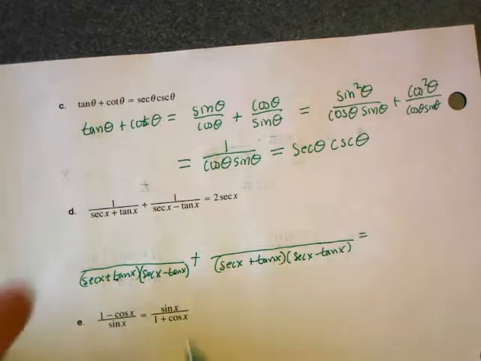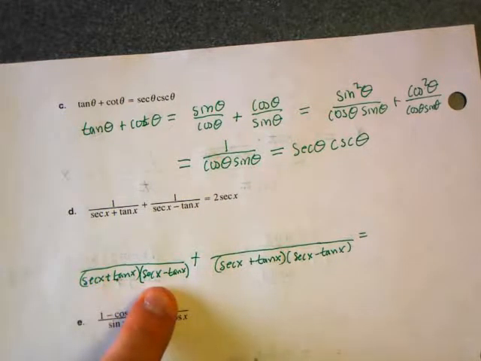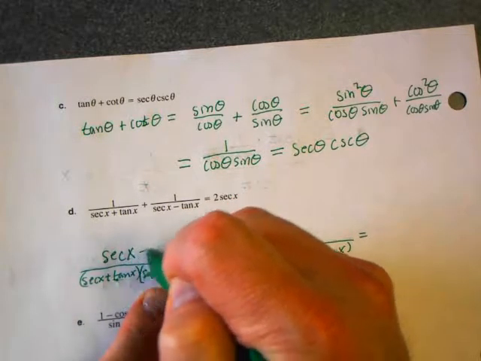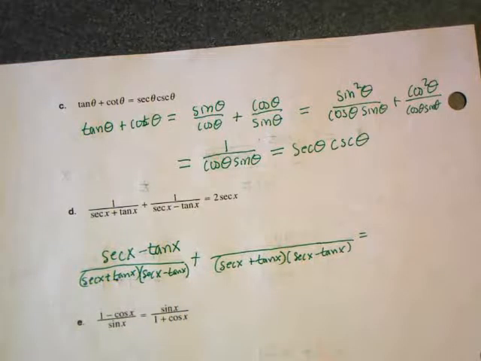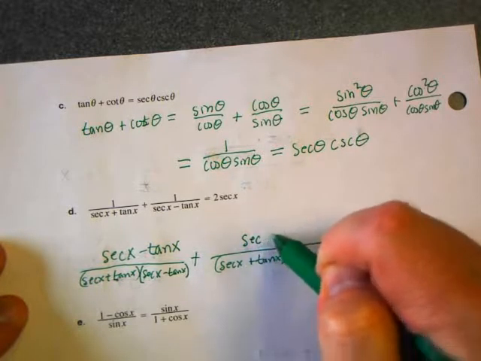No, I got to get common denominators before I can add. So the first fraction, I multiplied the bottom by secant minus tangent. So I better put a secant minus tangent up on top. And the second fraction, I multiplied the bottom by secant plus tangent.